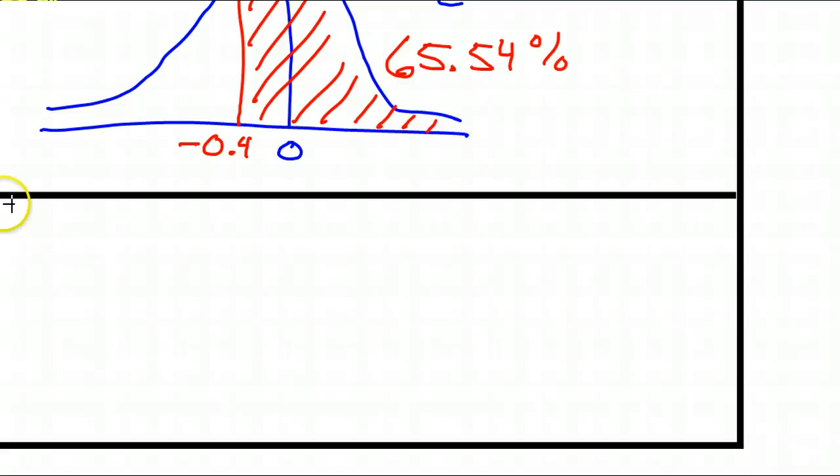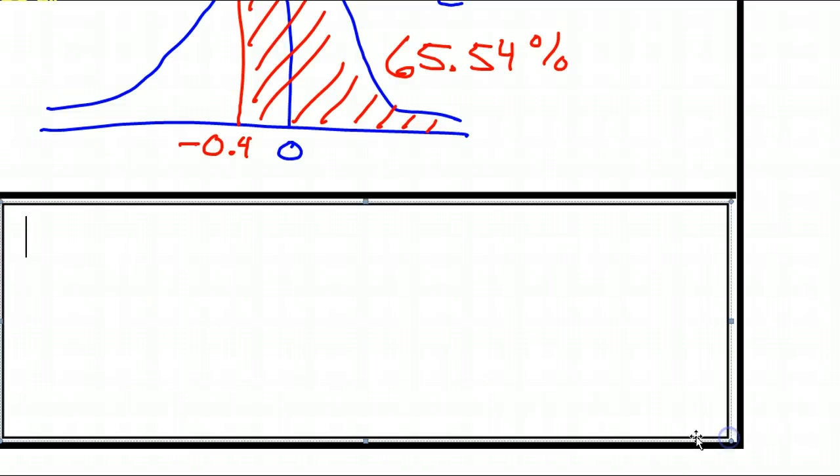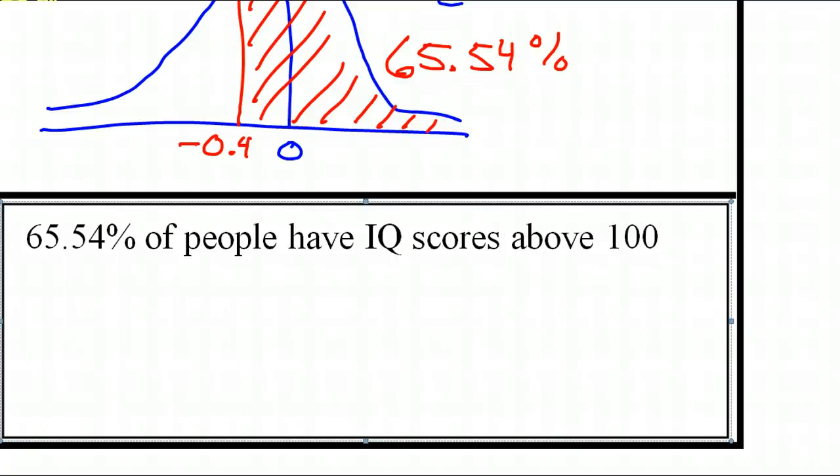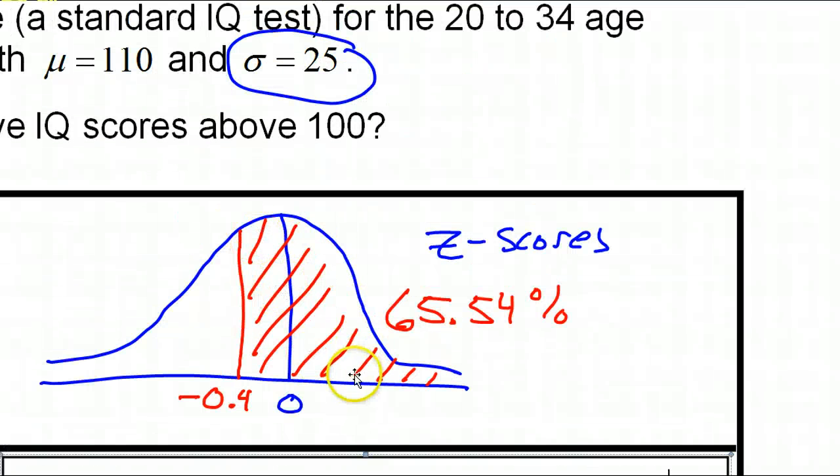So now we will do our sentence. We will say 65.54% of people have IQ scores above 100. Now, they gave us a specific age range, so we should mention that.